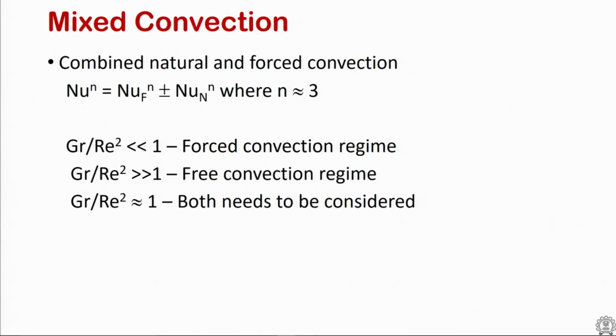And then we quickly move to another form, which is mixed convection, where you may have some flow, a fan flow or forced convection flow, and the flow could be aiding the natural convection or it could be opposing the natural convection. So, depending on the situation, one has to account for the Nusselt number.